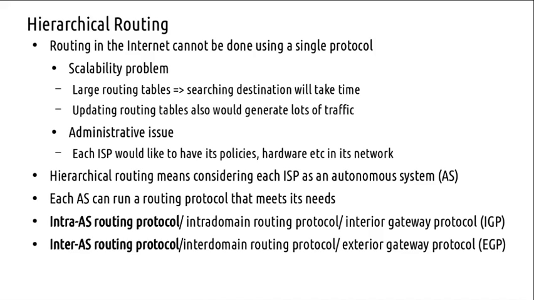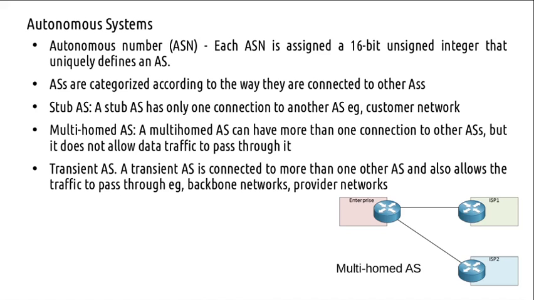That is the hierarchy. And we saw autonomous system numbers, the stub autonomous system, multi-homed autonomous system, and transient autonomous system. Transient systems allow traffic to pass through them, multi-homed ones do not, and they are connected to more than one ISP, or other provider networks.